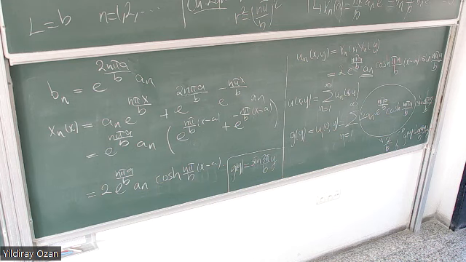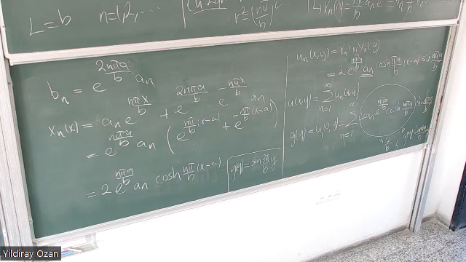So u1 xy, which was this infinite sum, but there is only the term for n equals 3. N equals 3'de de ne olacak?